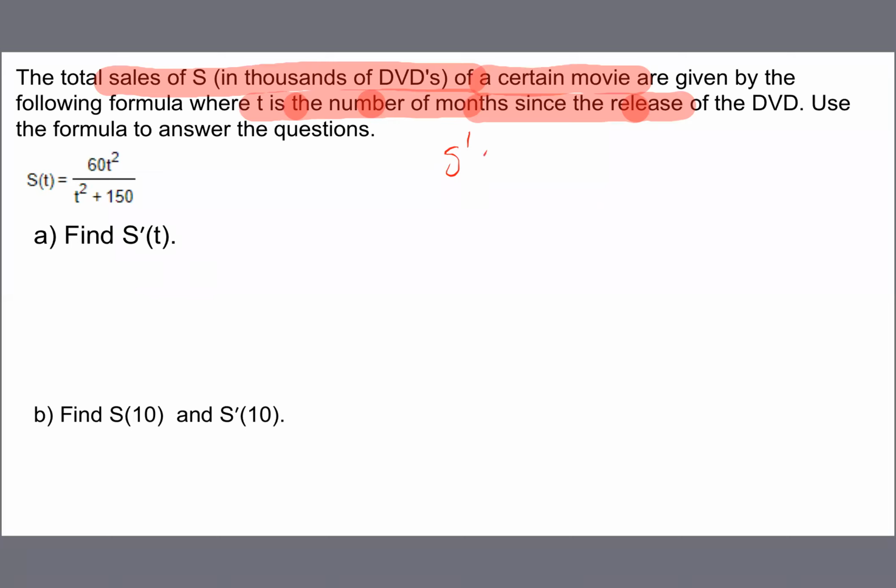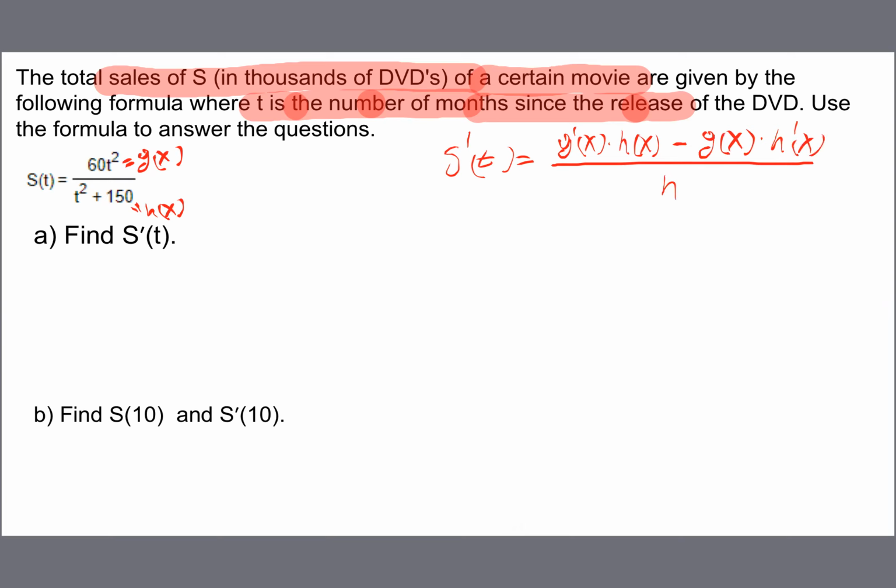S prime of t is going to be, if we call the numerator g of x and the denominator h of x, the formula for the quotient is g prime of x times h of x minus g of x times h prime of x, over h of x squared.